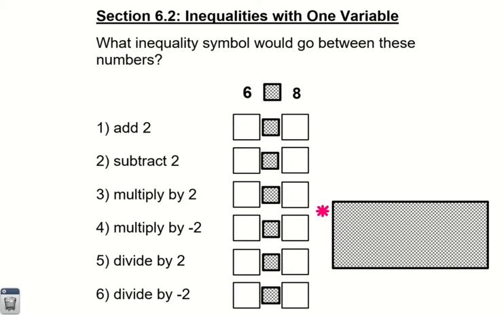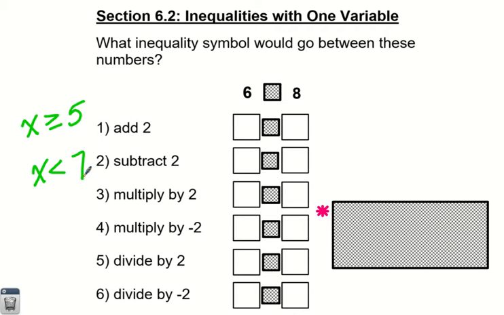We went over how something like this is graphed on a number line. How do we graph a very simple inequality with an x variable? What does that graph look like?